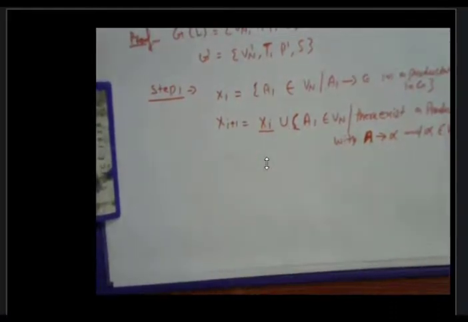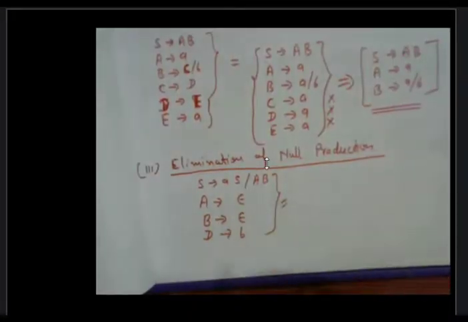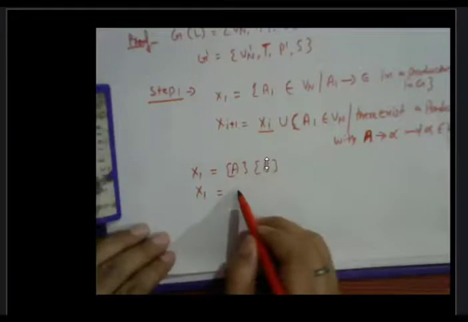Then take an example from the previous example. We have checked how to calculate the value of X. Now here, according to this rule, the value of X1 is equal to all the values which produce the null symbol. The values which produce null symbol are A and B. Then A is the element and B is the element which produce the null value. The value of X1 is equal to AB.